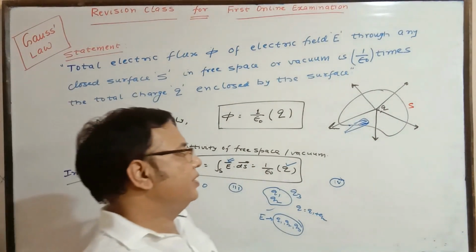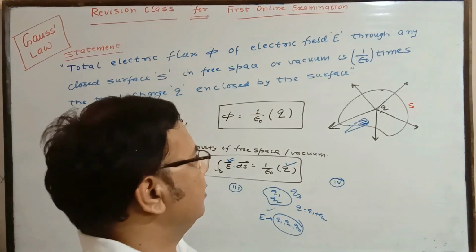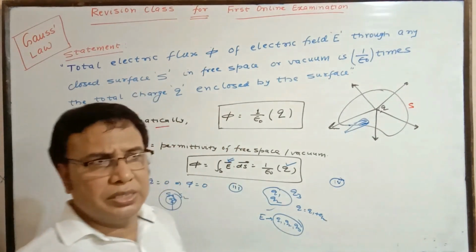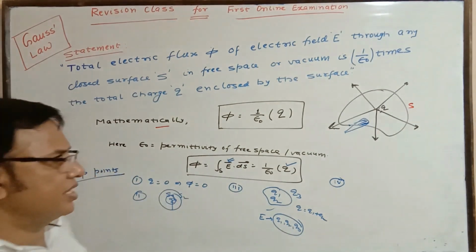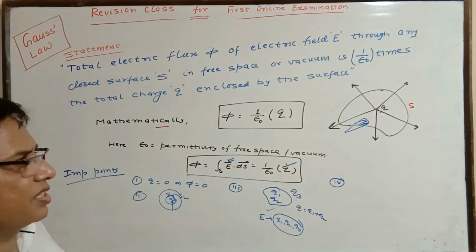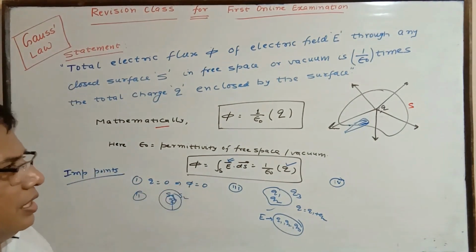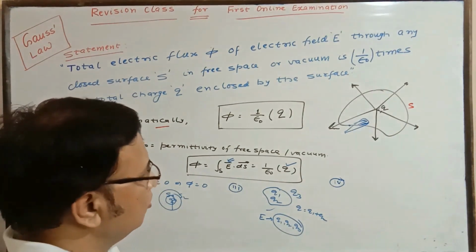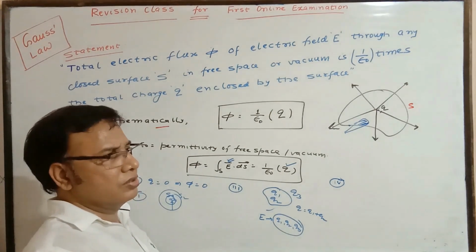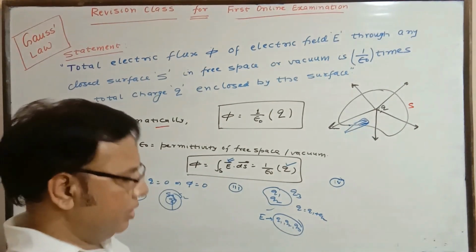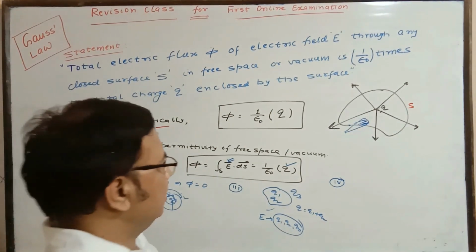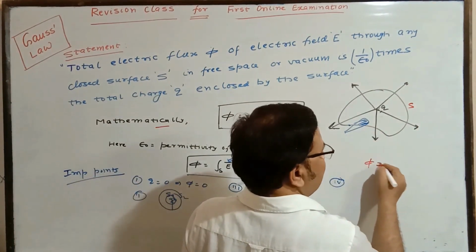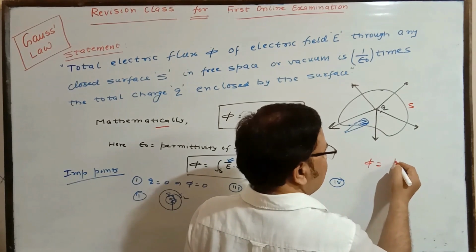Next point: if the Coulomb's law variation, that is the inverse square law, is going to change, will Gauss's law be affected? Of course, it is going to be affected, because these two laws are interdependent. A violation of the inverse square law in Coulomb's law will also affect Gauss's law. Next, if you want to find the flux through 1 coulomb of charge, you can easily find it from Q by epsilon naught.